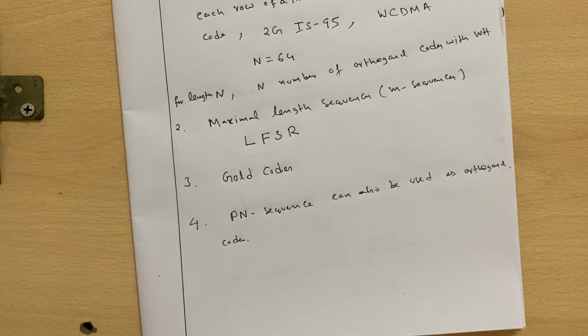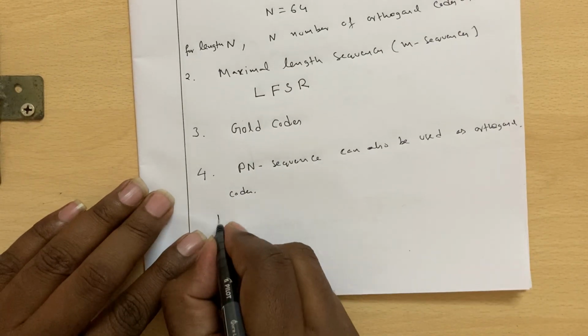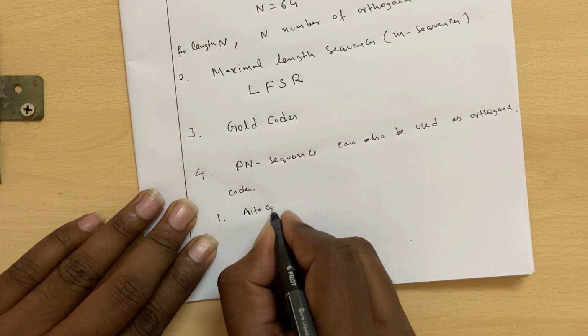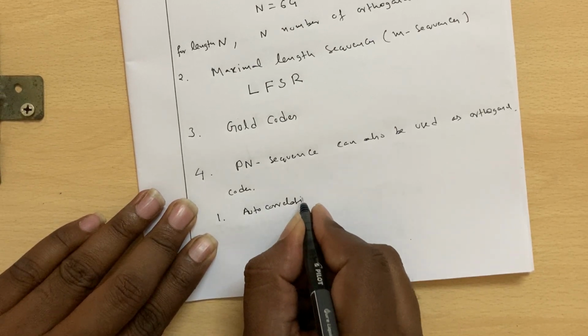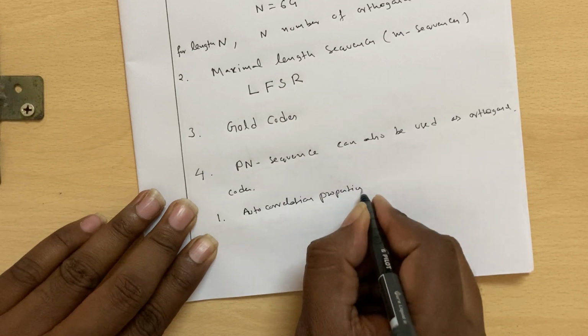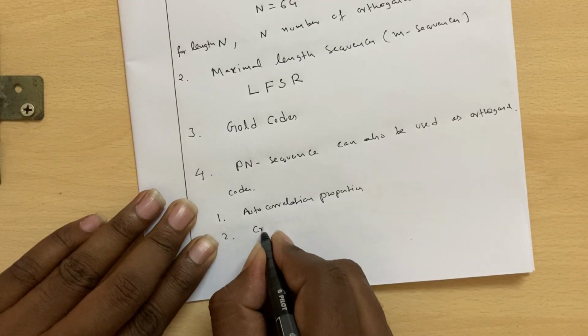Actually, the selection of orthogonal codes depends on two properties: one is the autocorrelation property and the other is the cross correlation property.